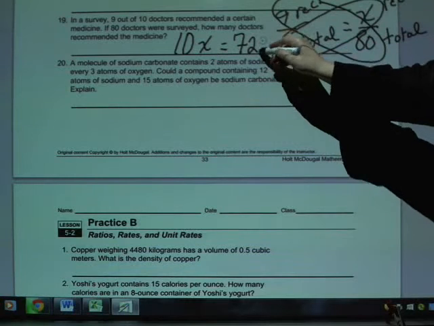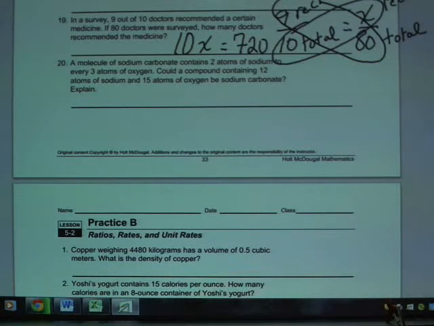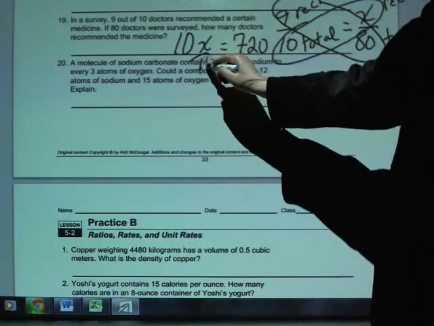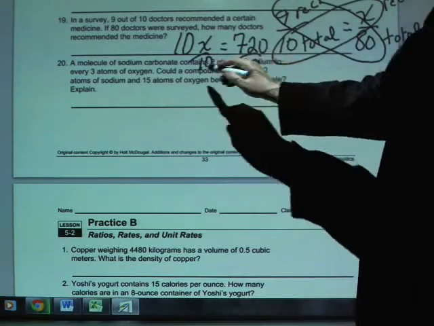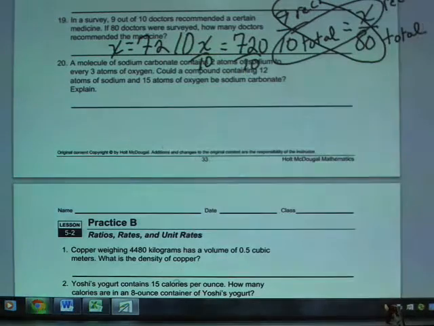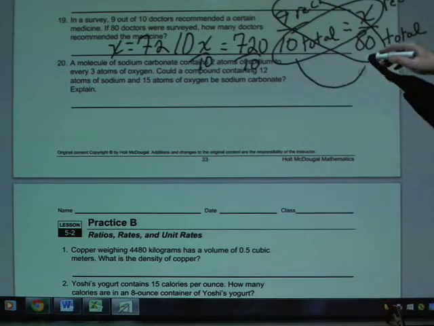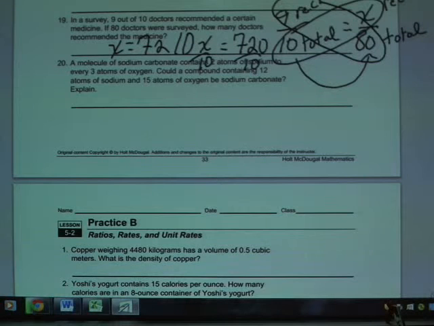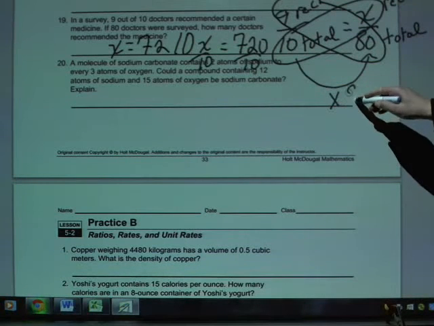And, well, we're already solving proportions, really. Divide out the 10 to solve that guy, and you get 72. Now, if you're not seeing how we came up with that, let me make this a little bit simpler. Look at what we have on the bottom here, 10 to 80. 10 to 80 means we're multiplying by 8.